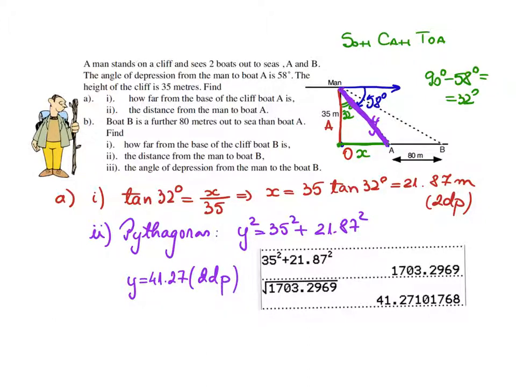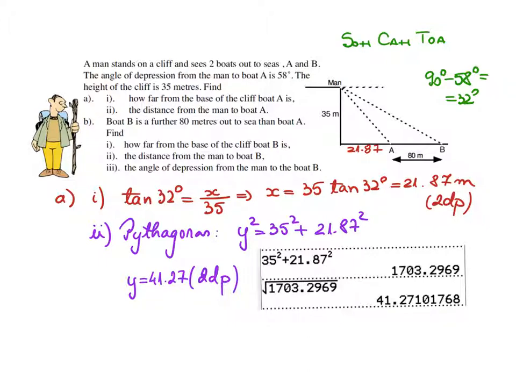Now let's clear up the diagram a bit. It's not always useful, because sometimes you have information that is useful there. Boat B is a further 80 meters out to sea than boat A. So let me write that this one was 21.87 so that I don't forget. And boat B is another 80 meters.